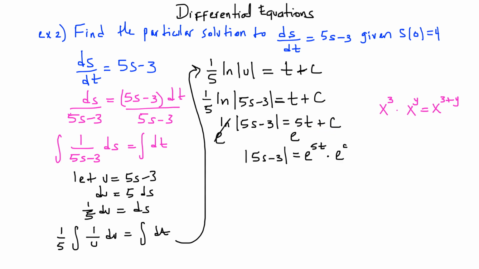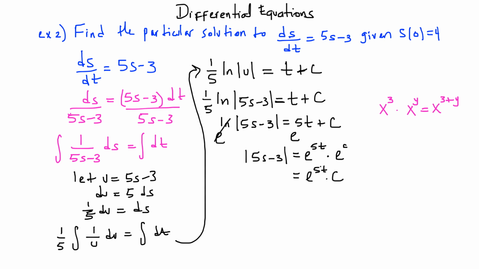But what it allows me to do is to say that this is now e to the power 5t. And when I think about e to a constant power, isn't that also just another c value? Because e itself is a constant, 2.718. And when you raise a constant to a constant, you get another constant.